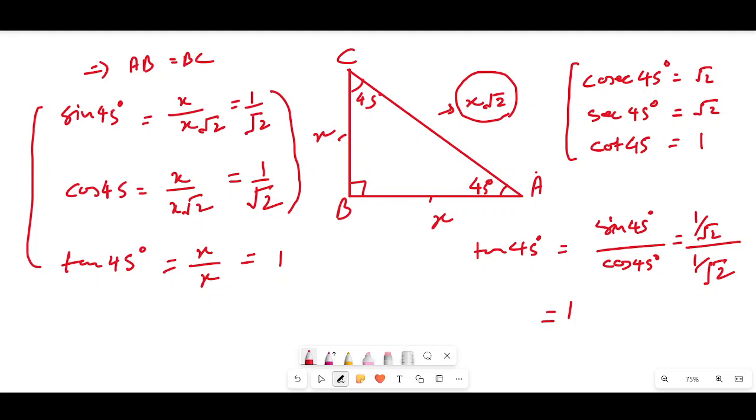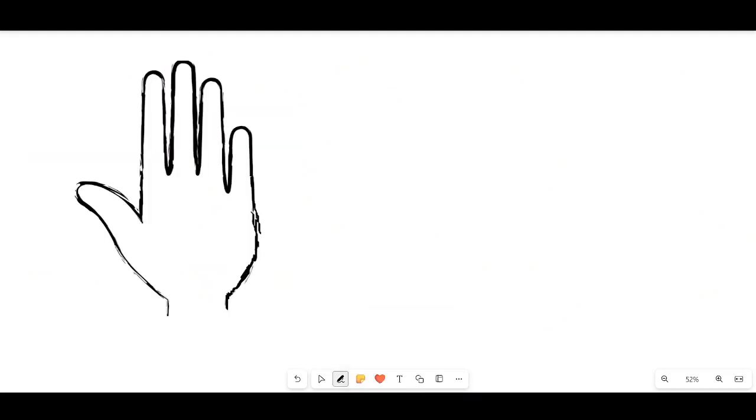Now we will tell you a more interesting point which is very essential. Now look at this figure. Here this is the palm. Clear? Now this is the thumb. So this is your right hand, and this is your 0 degree, 30 degree, 45 degree, 60 degree, and 90 degree.